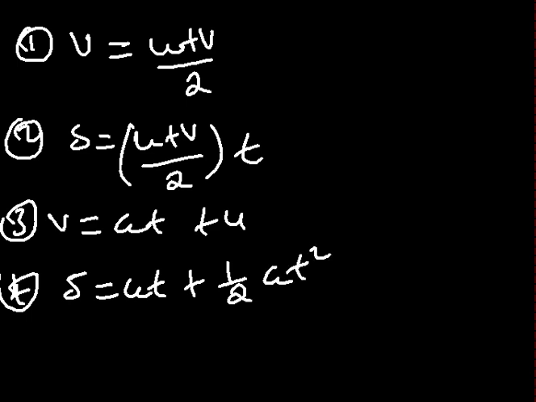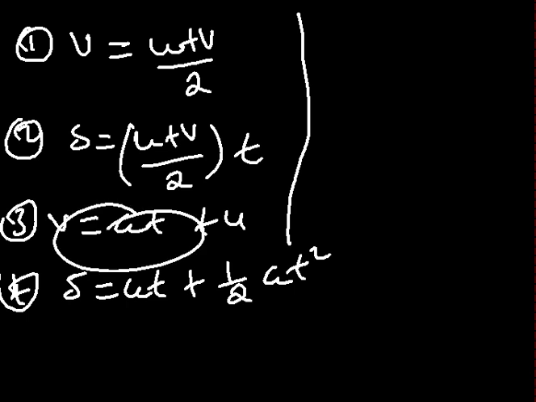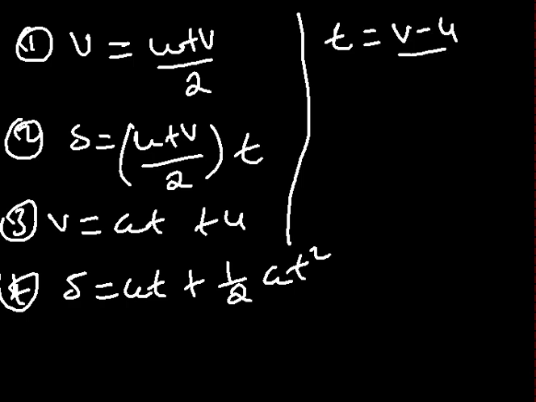And by the way, we are remaining with the fifth equation. So what is that one? Now, from equation number 3, we have to make t the subject. In this case, we have t is equal to (v minus u) divided by a.